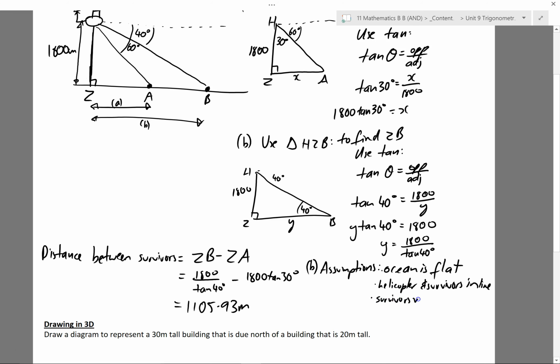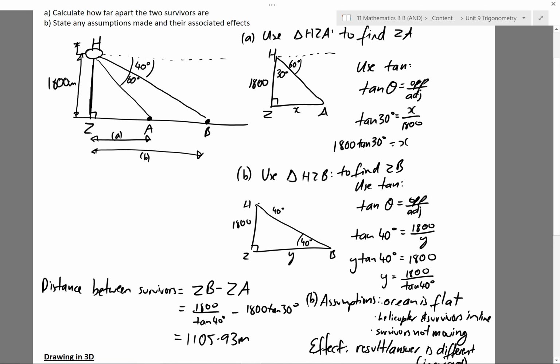Okay, survivors not moving. Okay, if any of these assumptions were false, the result or answer would be different. Okay, incorrect. So if any of those assumptions were broken, our 1105 meters would be incorrect.